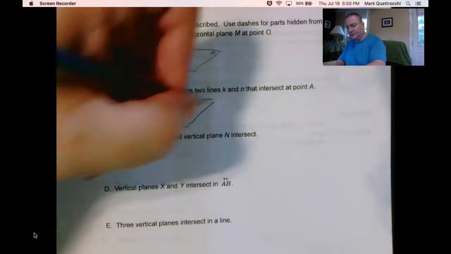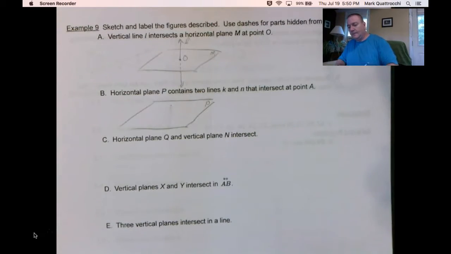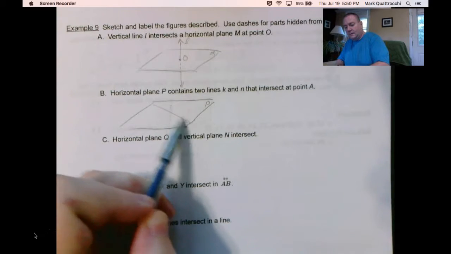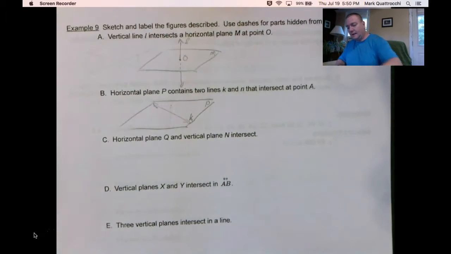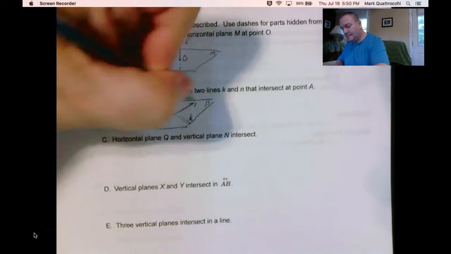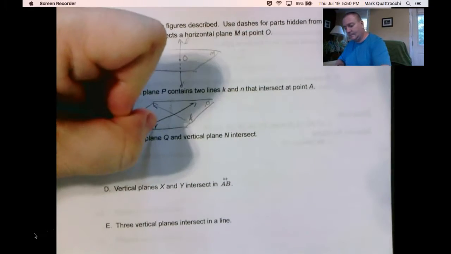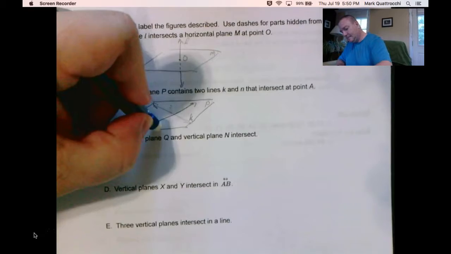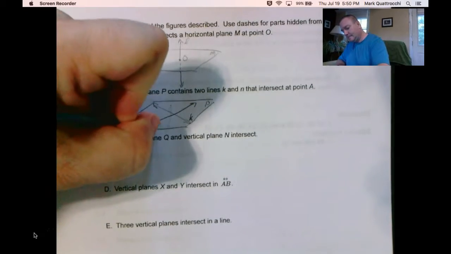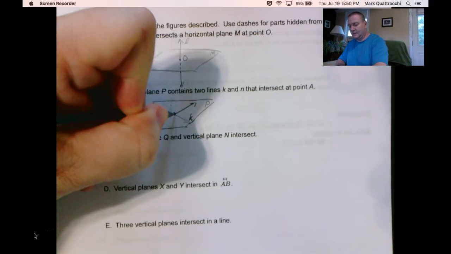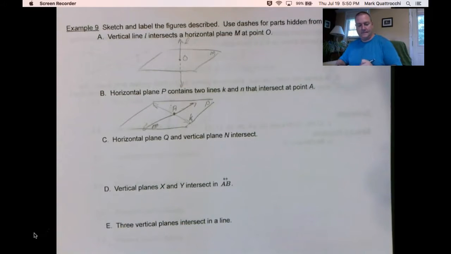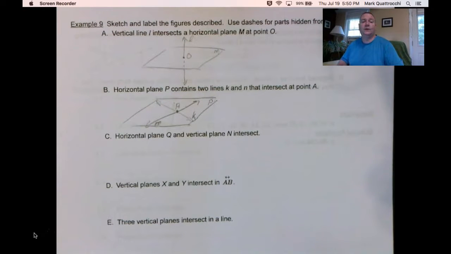So here I have my horizontal plane P. In it we're going to draw line K and line N, lowercase. And they are intersecting at point A.